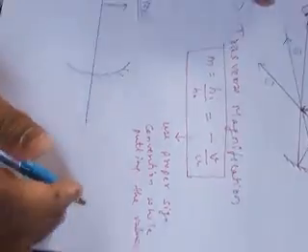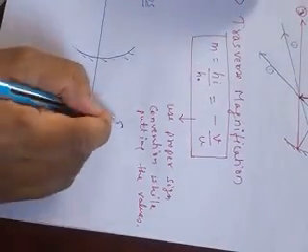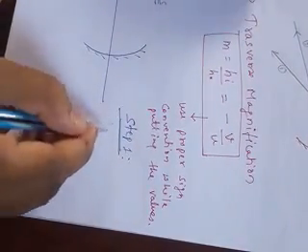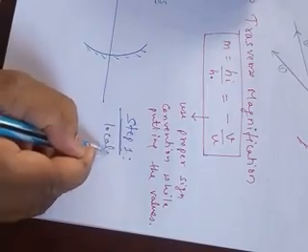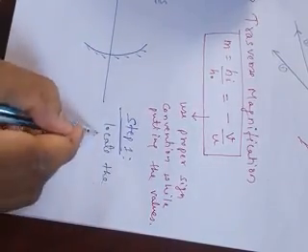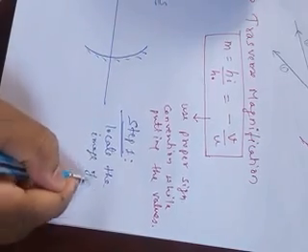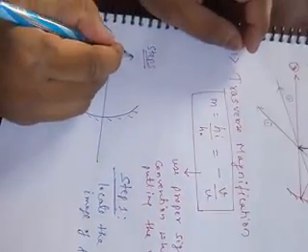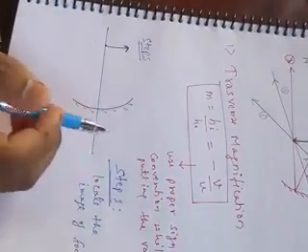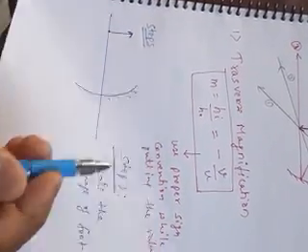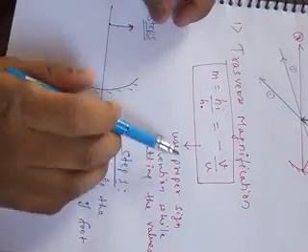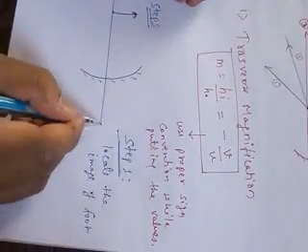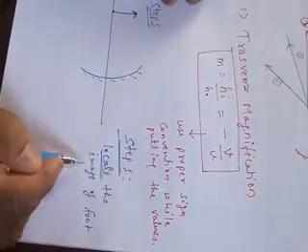So step number 1, what we do: locate the image of the foot, because this time we are not going to draw all the rays and show the image by geometric construction. We are going to get the value of image distance and from that we are going to locate. So what we say is locate the image of the foot.